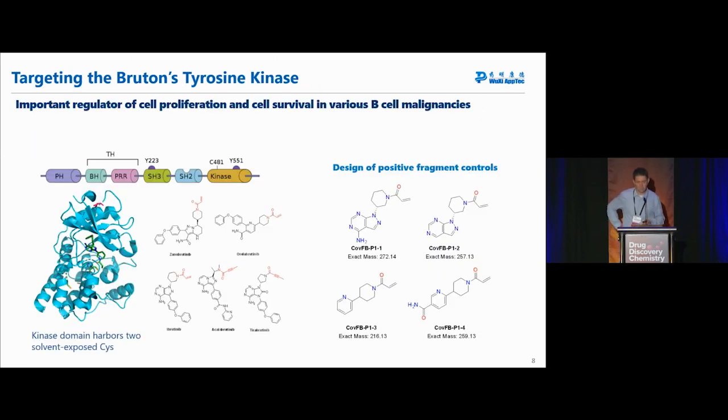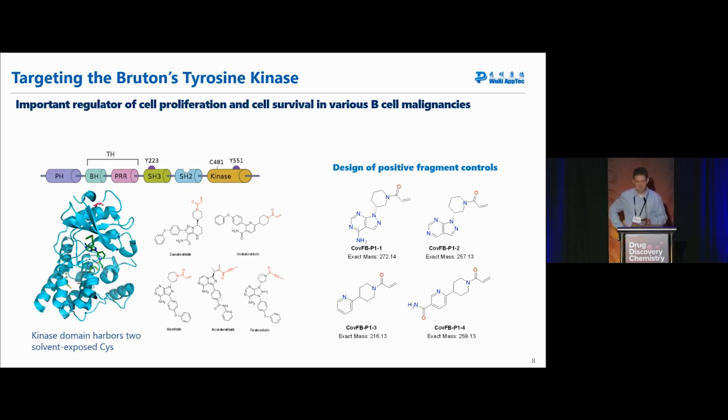So today I'd like to share a case study with you. The first case study that we did was BTK. BTK is an important regulator of cell proliferation and cell survival. And as we saw already in one of the talks today, BTK is a very nice target to get started with, since the kinase domain of BTK harbors 2 solvent-exposed cysteines, and so acrylamide is the right way to go for BTK, and there are very well characterized covalent inhibitors like ibrutinib.